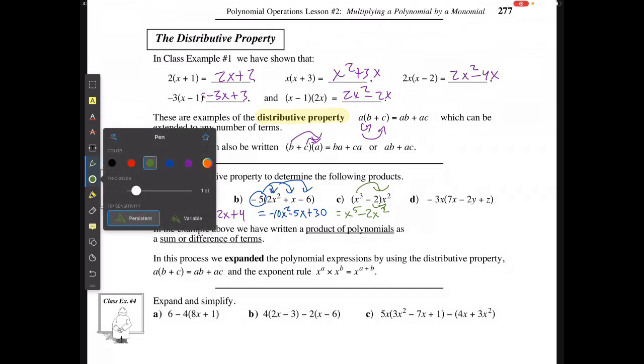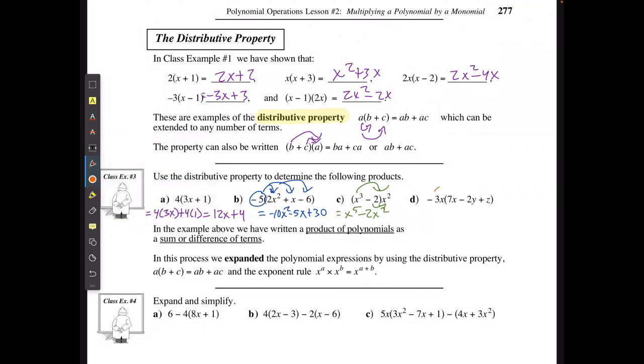When we get to the last one, negative 3x times 7x, well, negative 3 times 7 is negative 21, and x times x makes x squared. Negative 3 and negative 2 makes positive 6, and x times y is just xy. And negative 3x and z makes negative 3xz.